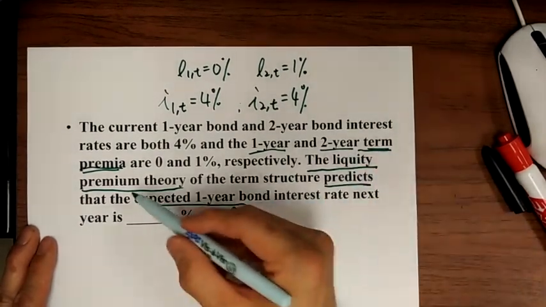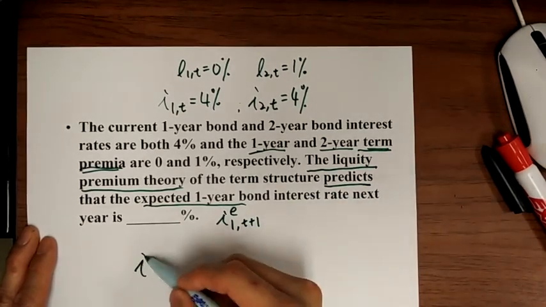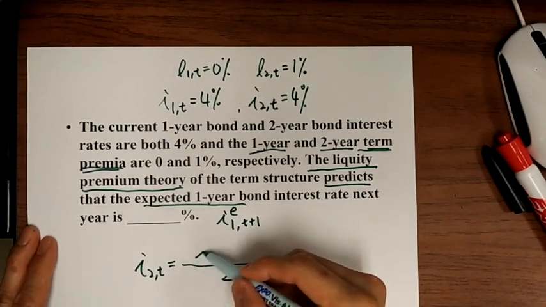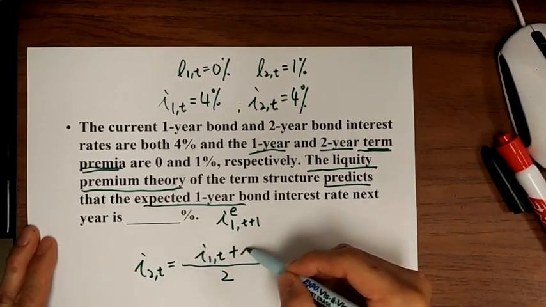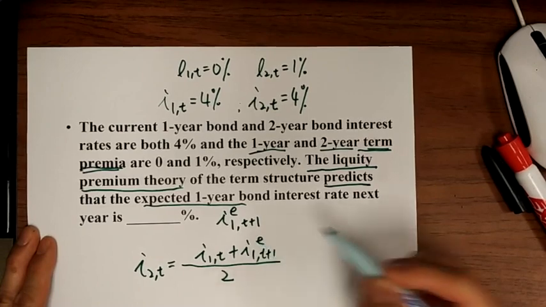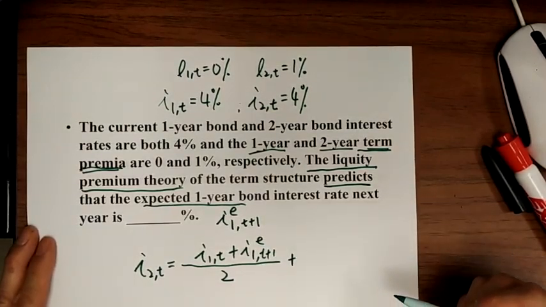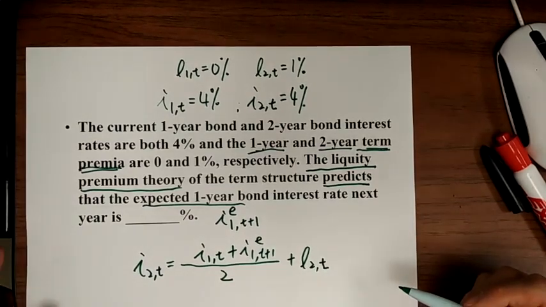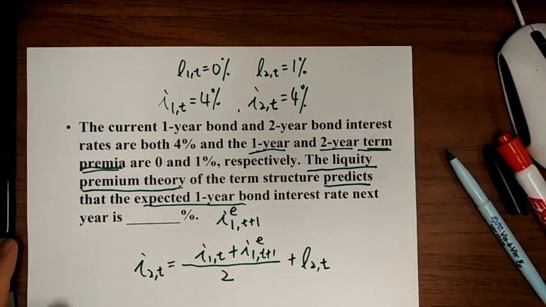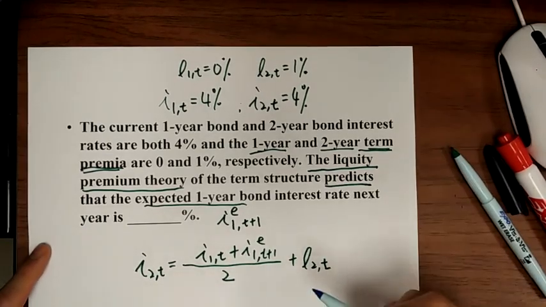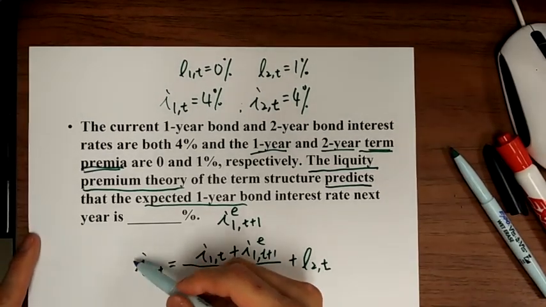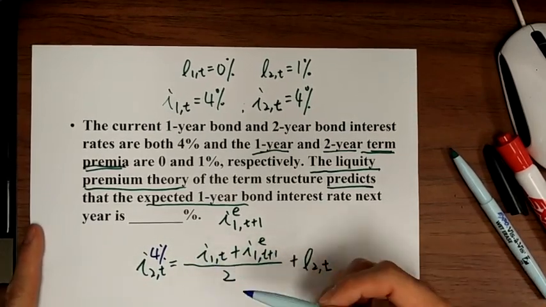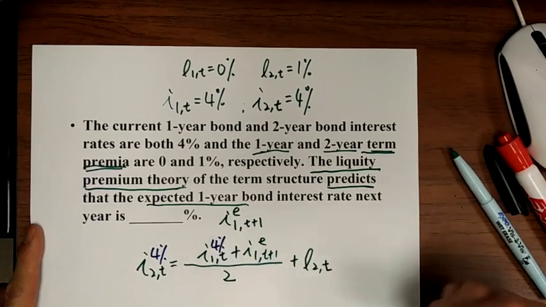So the liquidity premium theory says the 2-year bond interest rate should be equal to the average of the next 1-year bond interest rates plus a 2-year bond liquidity premium. Do you have the 2-year bond interest rate? The answer is yes. You observe that interest rate, which is 4%. Do you have this interest rate? Yes. You observe that from the market.